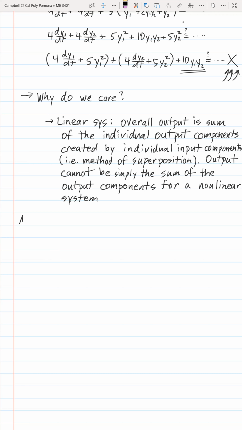So one thing that I do want to note, though, is that if the differential equation is not equal to 0, i.e. you'll recognize that as being non-homogeneous.